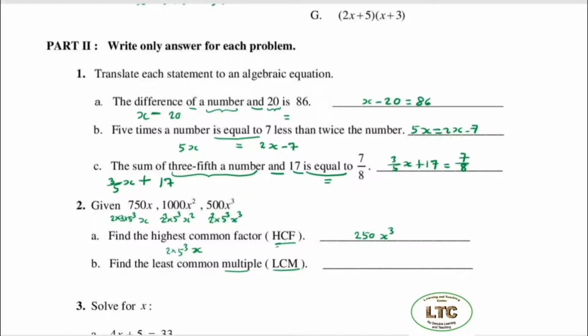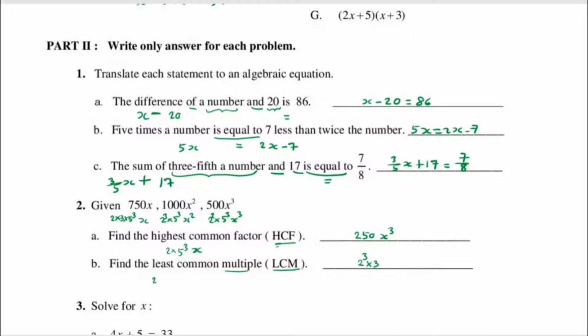2 to the power 3, the LCM must have 2 to the power 3. Then 2 squared divides 2 to the power 3, 2 to the power 3 divides 2 to the power 3, 2 divides 2 to the power 3, correct. And 3: here 3 divides 3, and the 2 other numbers have no 3. 5 to the power 3.